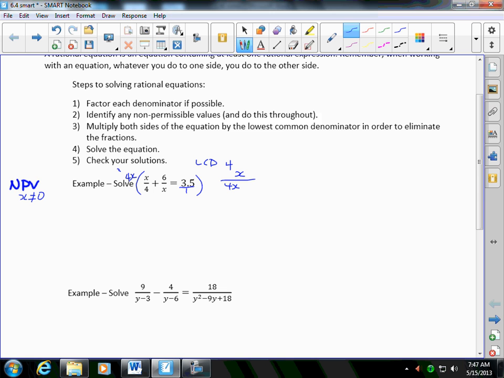So this is my step 3 here. My step 2 was the non-permissible values. If I multiply 4x times x over 4, my 4 and my 4 will cancel, so I'm left with x times x. So that's going to be x squared. 4x times 6 will be 24x over x, so that leaves me with 24.